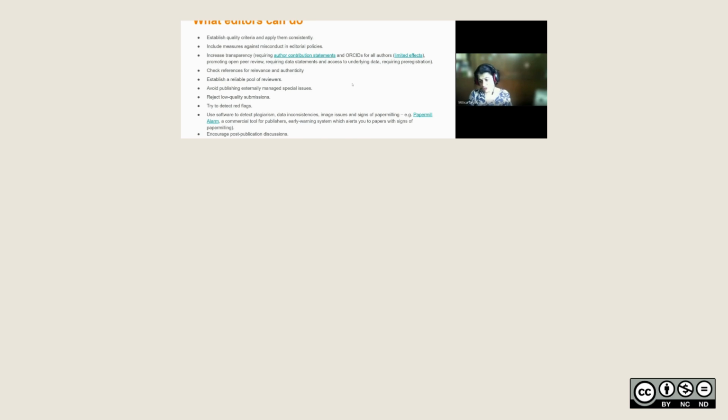If you're an editor, what can you do? It's crucial to establish quality criteria and to apply them consistently. So if you get a paper that looks suspicious, you just don't investigate. You don't have the resources to investigate.